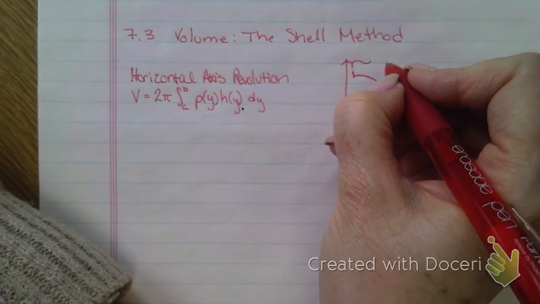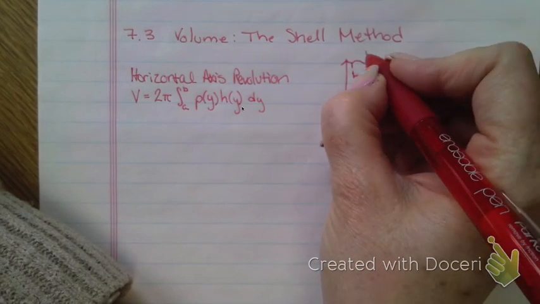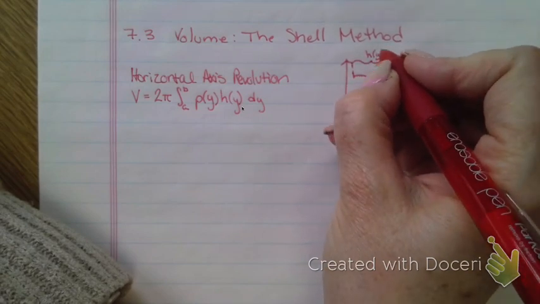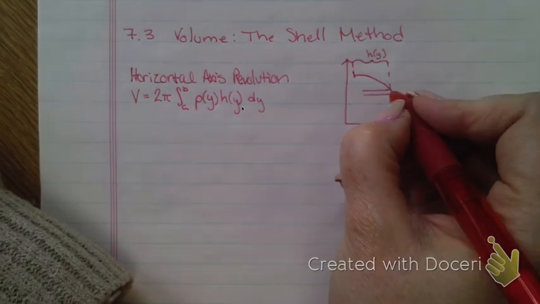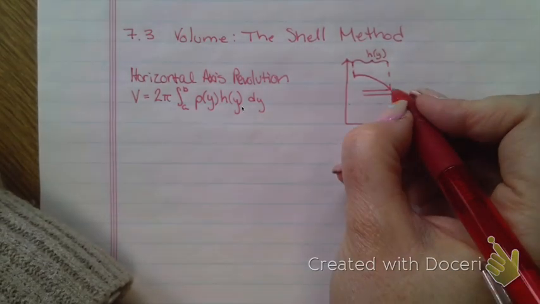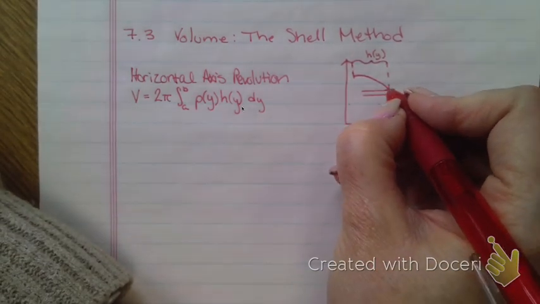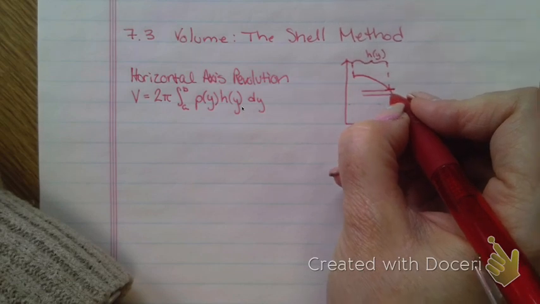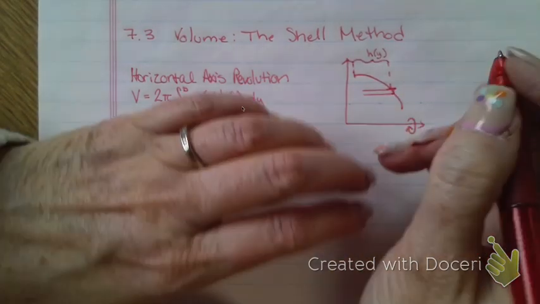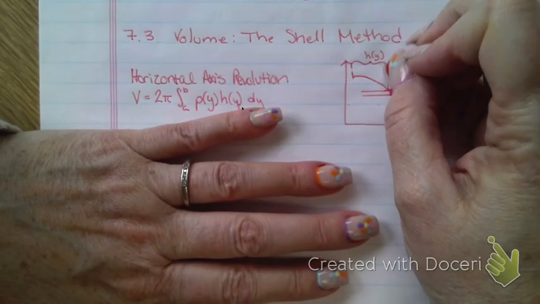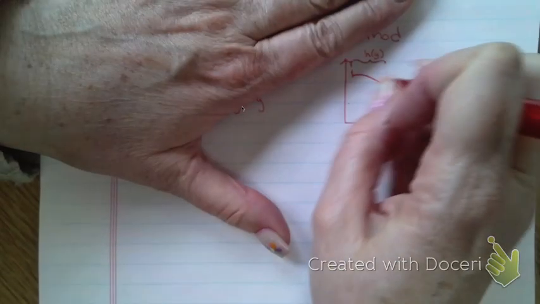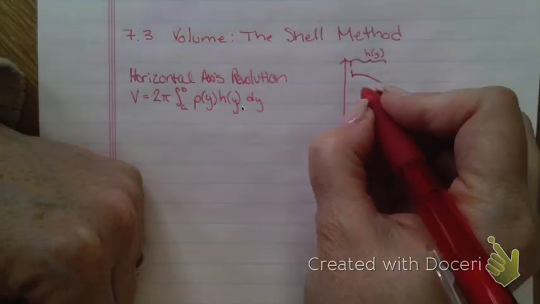this right here is your h of y. I should have made my box better. I'm going to make my picture bigger so you can see what's going on.